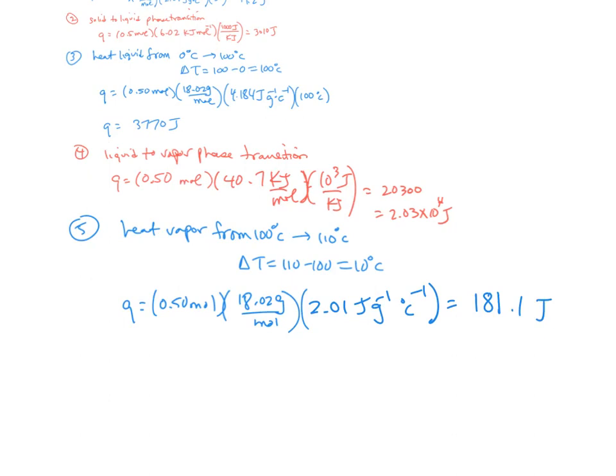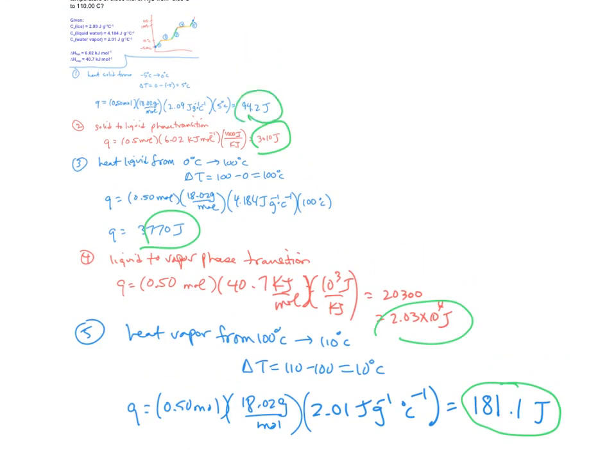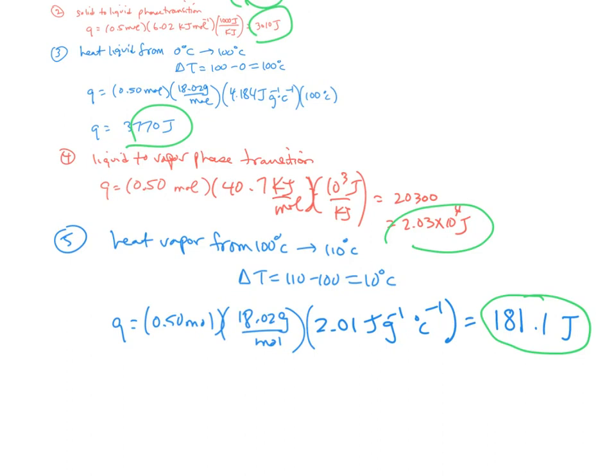All right, now you want to add them all up. For the heat for part 5, you just add each one. Part 4, part 3, part 2, and part 1. So you're going to say Q total is equal to Q1 plus Q2 plus Q3 plus Q4 plus Q5.